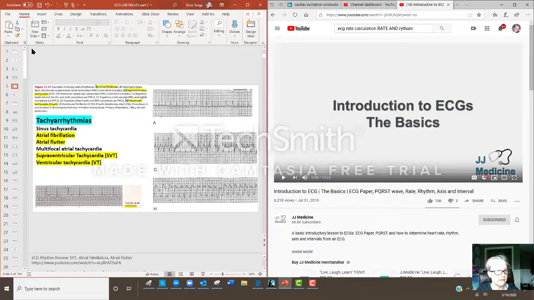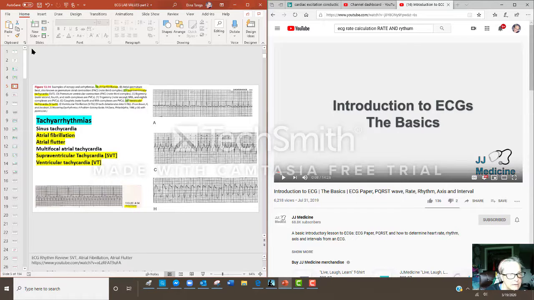We were focused on the highlighted: atrial fib, atrial, not flutter, I added that. So the final frontier lecture is focusing on atrial fibrillation, supraventricular tachycardia, and ventricular tachycardia as far as the tachyarrhythmias are concerned.